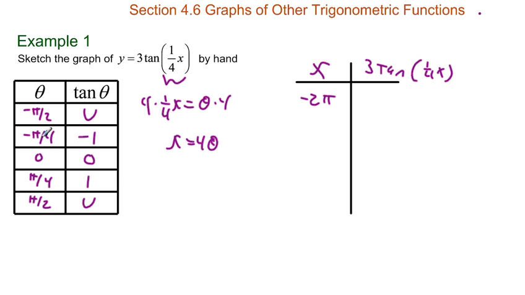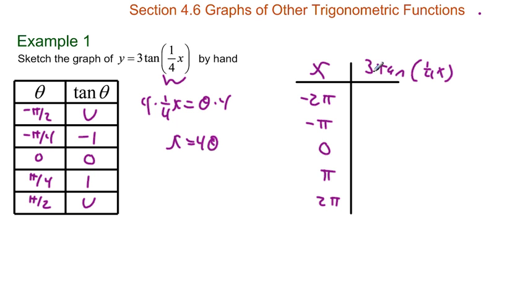Negative pi times 4 gives negative pi over 4 times 4, sorry, 0 times 4 gives 0. Pi over 4 times 4 gives pi, and pi over 2 times 4 gives 2 pi. So this is very nice, and that took care of the tangent of one fourth x.